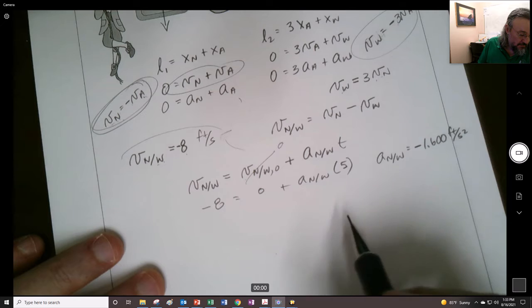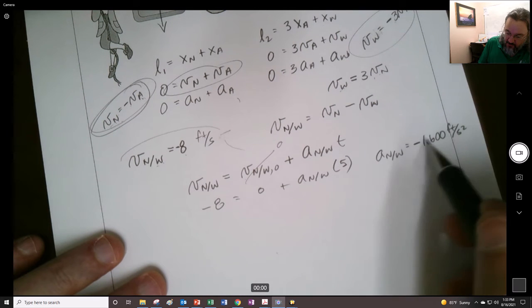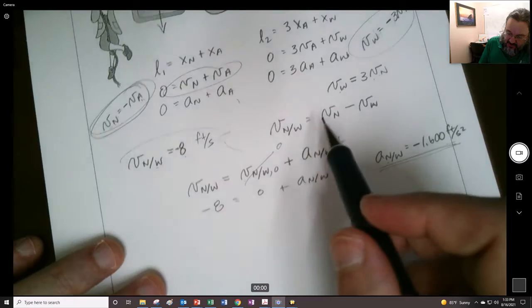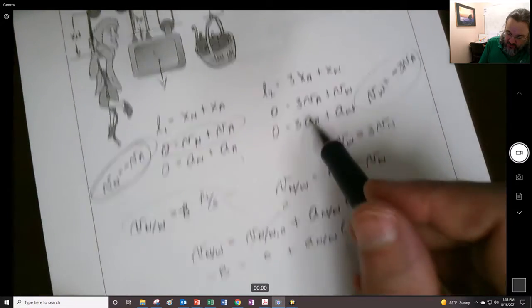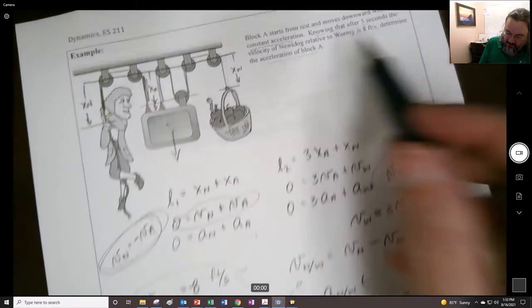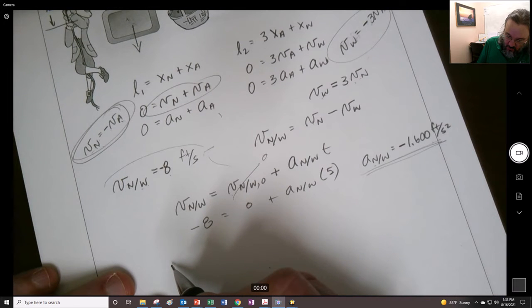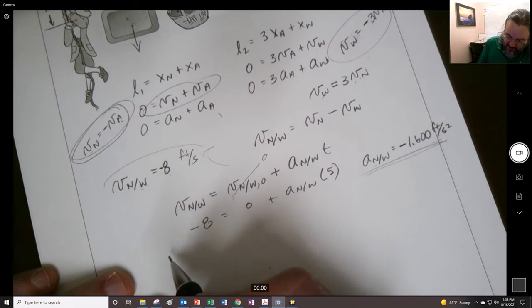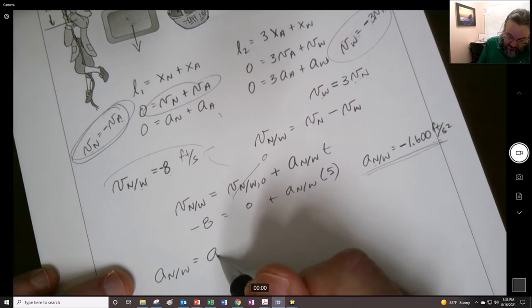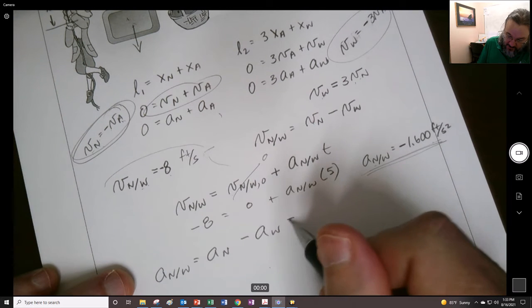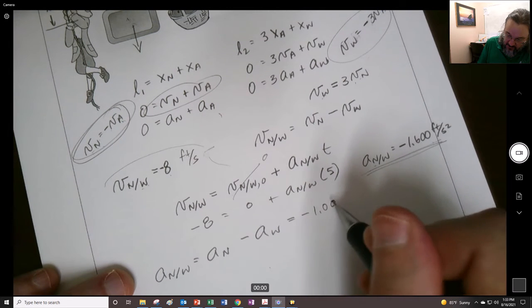Right? So here is an actual value that we can place into this, because we're looking for acceleration, right? We determine the acceleration of block A. So what we could do by putting this in here, we could say that the acceleration of newt dog with respect to Wormy is equal to the acceleration of newt dog minus the acceleration of Wormy, which is equal to -1.600.